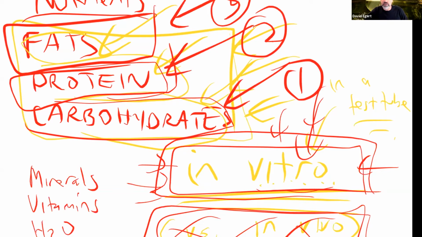For the protein, we're going to use egg white. For fat, we're going to use cream, milk cream. We're going to talk about each of these, how they're broken down in the body, and then what we're actually going to manipulate for our experiment. So let's start with carbohydrates.